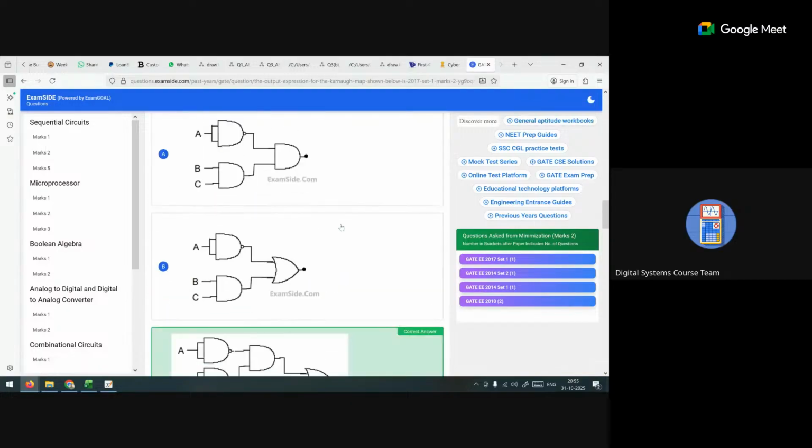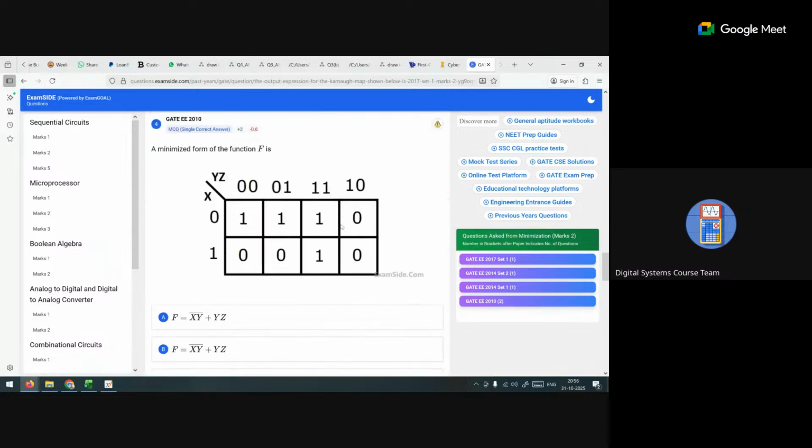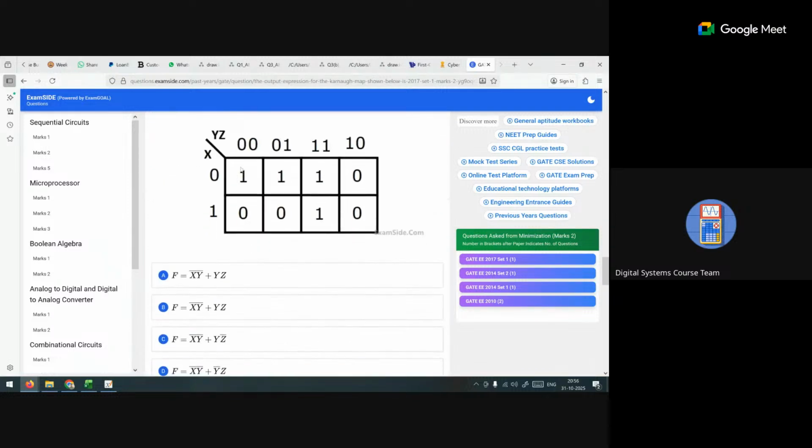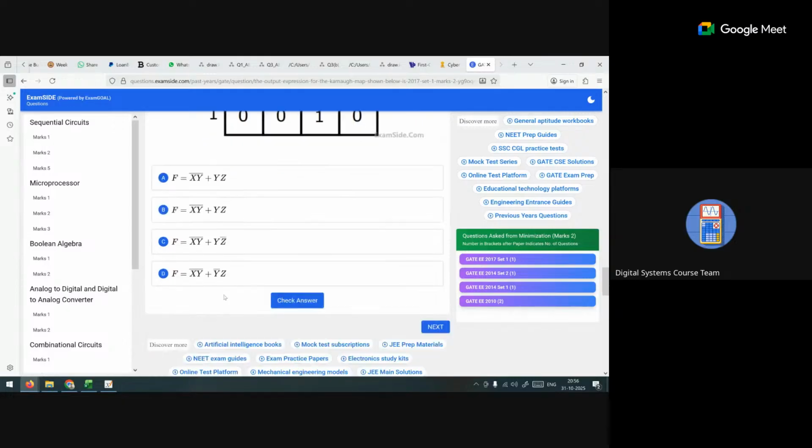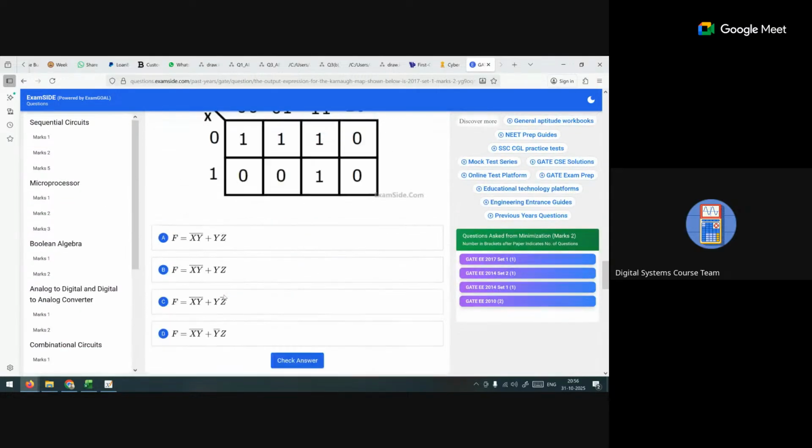C is the correct option. In this one, two groups are created. One is the first row, first and second column, and in the second row, the third column. So two groups are created.